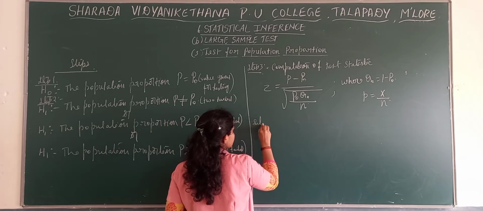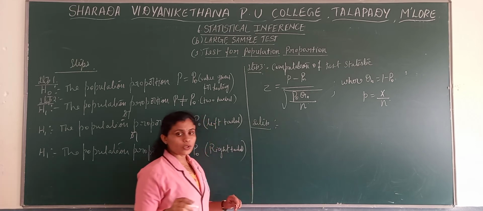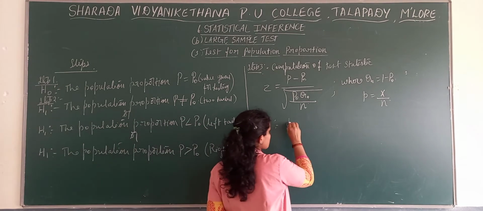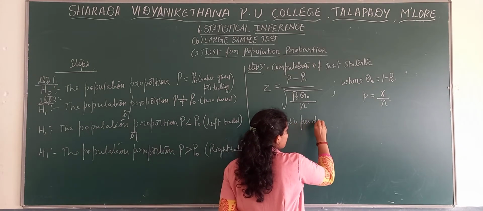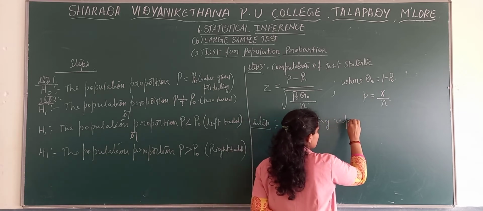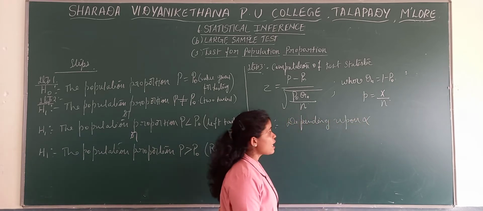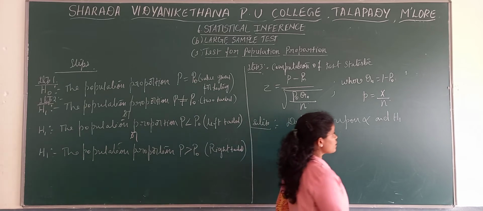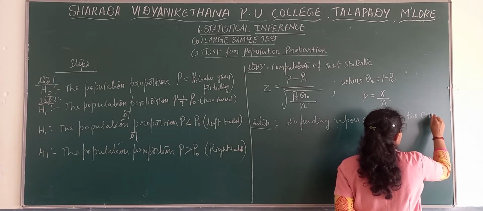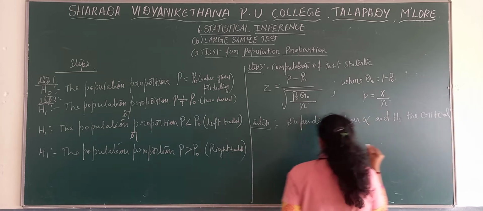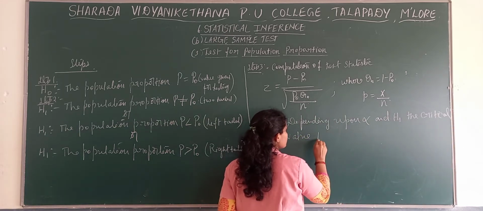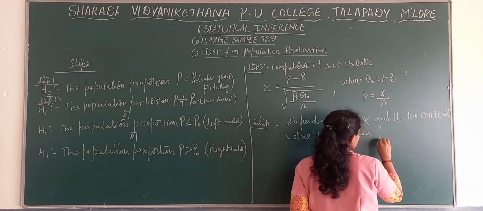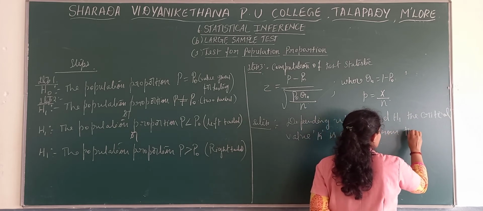Then the fourth step, as usual: depending upon the level of significance and alternative hypothesis, the critical value K is chosen from the table.